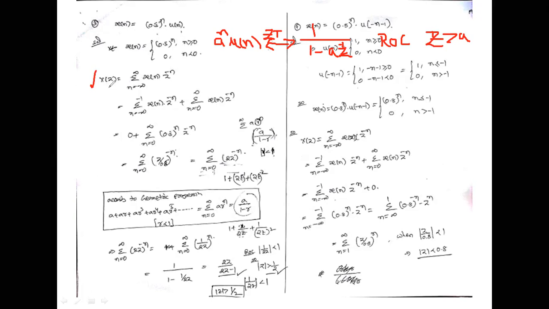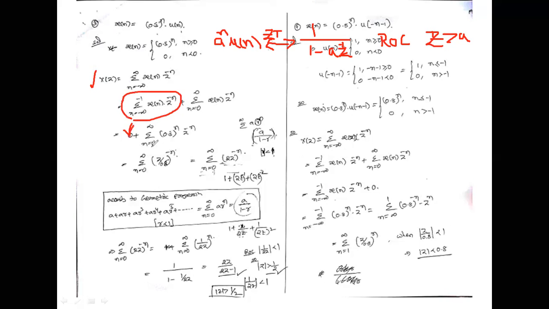Now for that, I am taking X(z) equal to the sum of n equals minus infinity to infinity of x[n] z power minus n. Substitute x[n] as a^n u[n]. u[n] is only the right side function, so I split it into two parts: minus infinity to minus 1, and 0 to infinity. From minus infinity to minus 1 the value becomes 0 here.